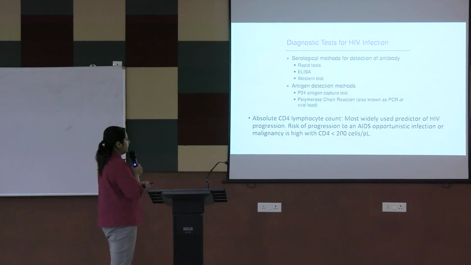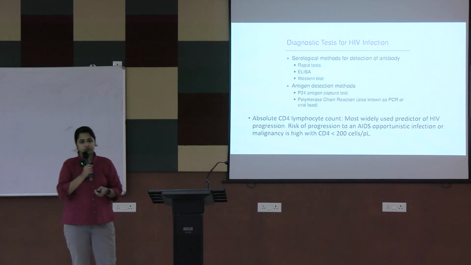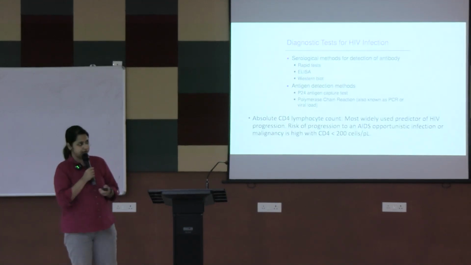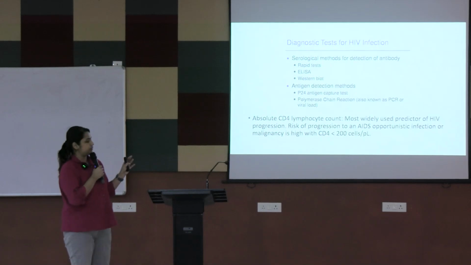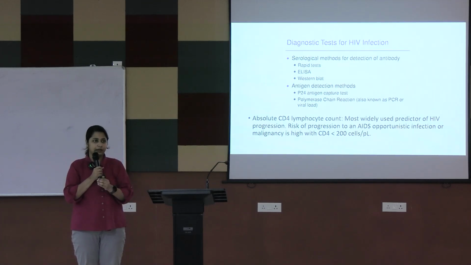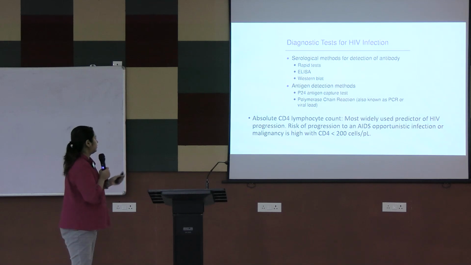Risk of progression to an AIDS opportunistic infection or malignancy is high with CD4 less than 200 cells per microliter. So less than 200 means that the patient has high risk of developing opportunistic infections. But it is again used nowadays only as a predictor or prognostic method, not for diagnosis. Just for prognosis whether the patient is improving or declining. Okay.